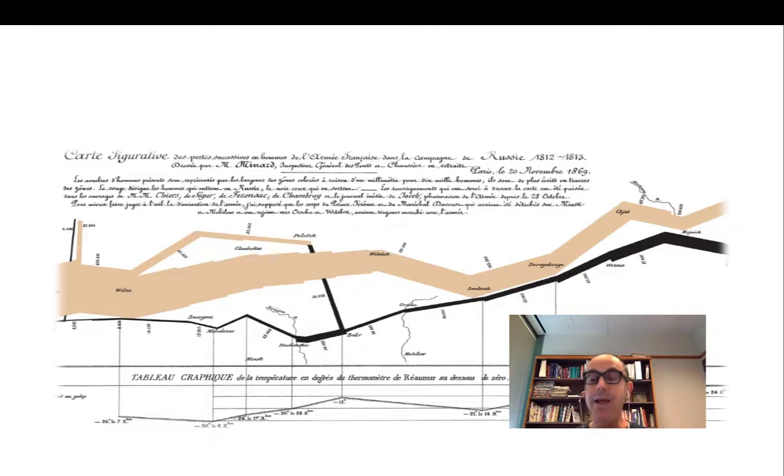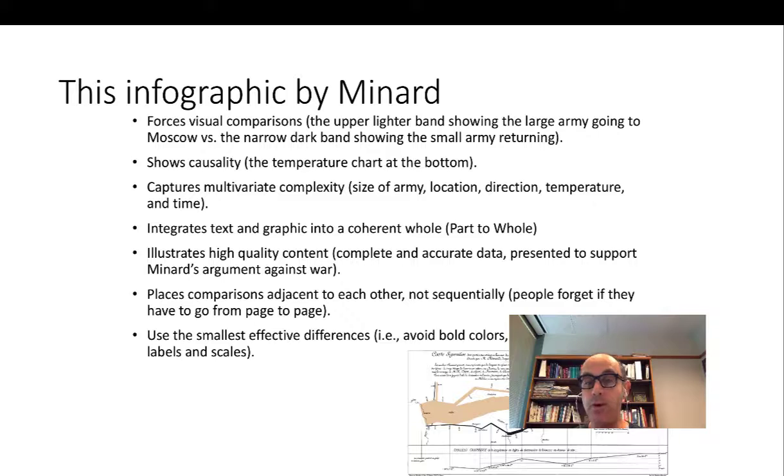And the black is when they started to escape, and as a result, the Russian army did a lot of things to them, so that in the end a lot of French soldiers died during this war, and that is considered to be one of the best infographics ever made. And this is important.